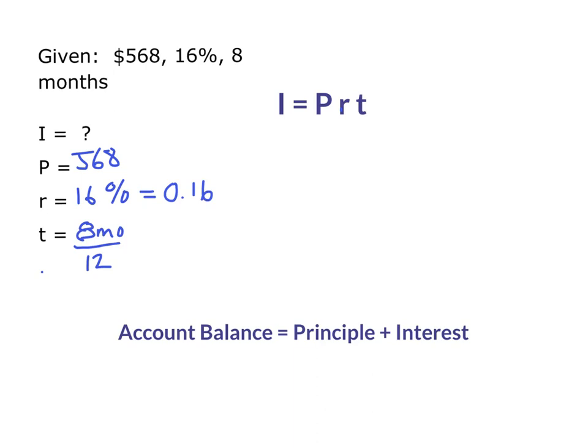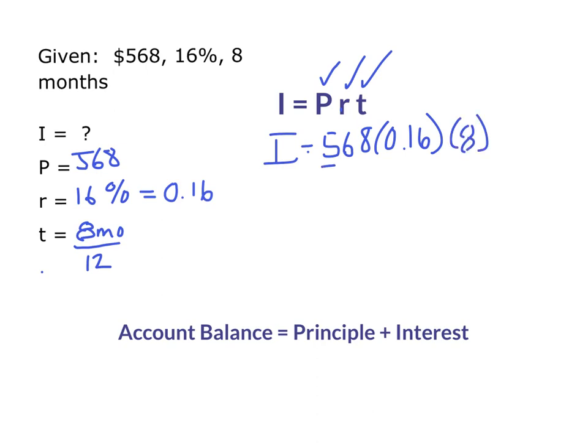So I have in my formula, I have my P, I have my R, I have my T, and now I can just plug things in. My principal is $568, the interest rate is 0.16, and the time is 8 months, and then I'm going to divide the whole thing by 12 just to make it easier for me.